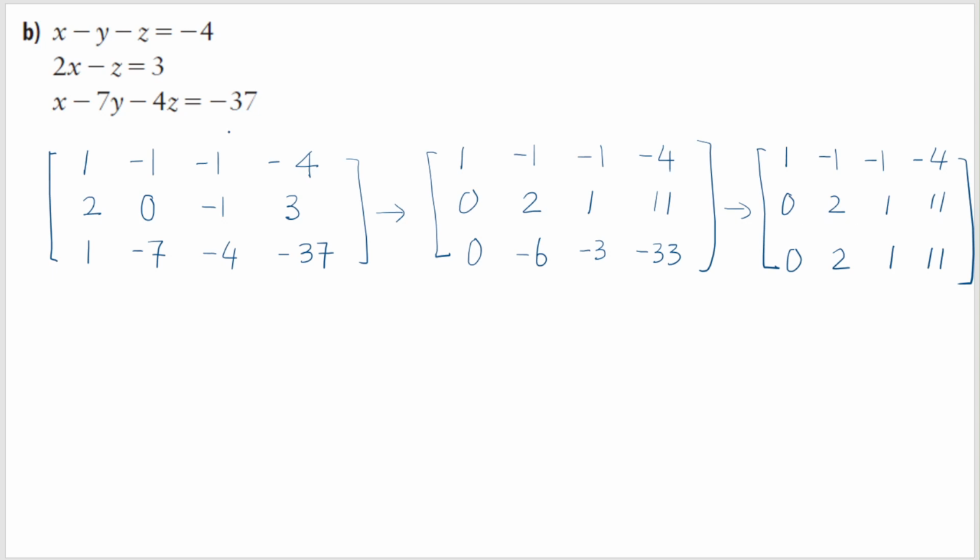So if we use the second row times -1 added to the third row, the third row simply becomes 0, 0, 0, 0, right? The first row and second row do not change.